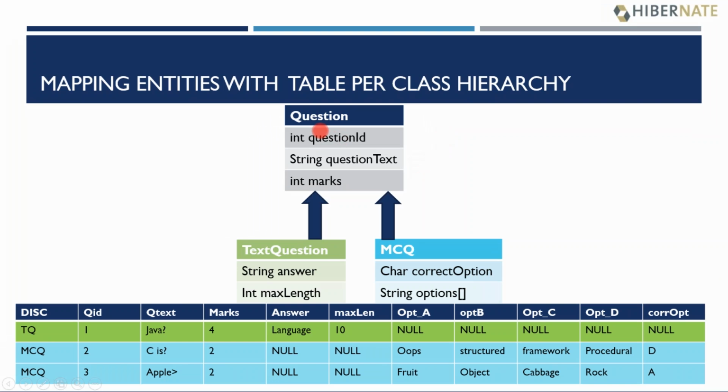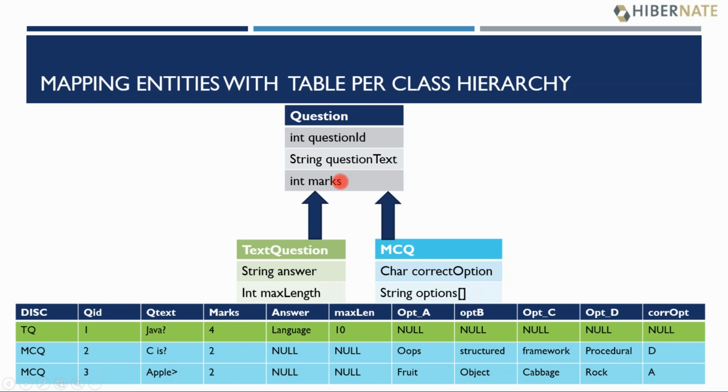Let's say you are having a question class, and for that you are having a text question and a multiple choice question. If you say table per class hierarchy, that is, if the inheritance relationship exists between two classes, then for the complete hierarchy it is going to create one table.